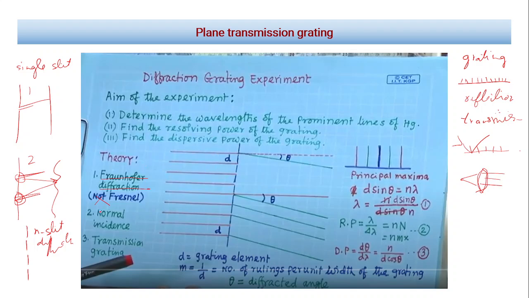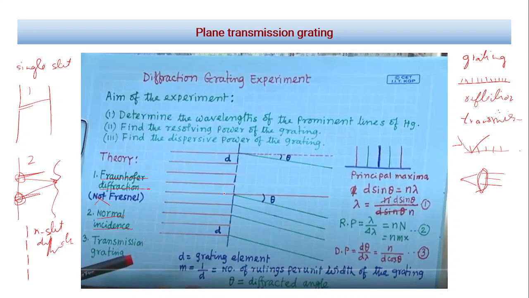The second condition is that the incident light should be normal to this grating. As I said, the rays come from infinity and are at 90 degrees to the grating. If they are at any other angle than normal to the slit, then we won't be able to use the simplified derivation that we have done.